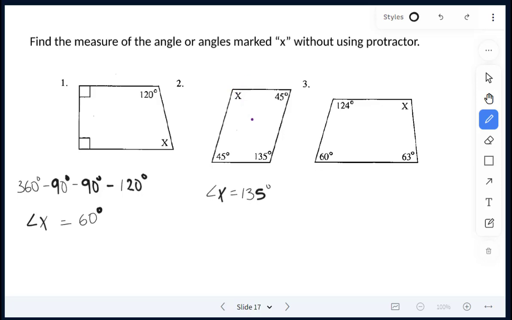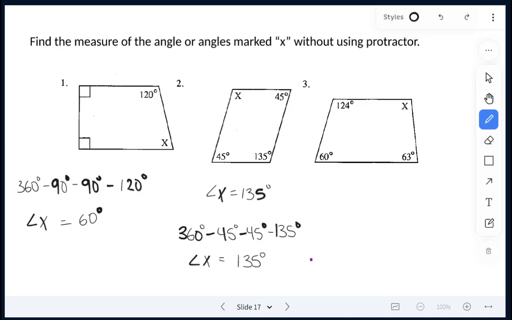If we split this into 2 triangles it is going to equal a total of 360 degrees. So we can still do that method as well. So 360 degrees, subtract out 45, subtract the 45, and subtract the 135 degrees, and you'll still get the same answer, that angle X is equal to 135 degrees.